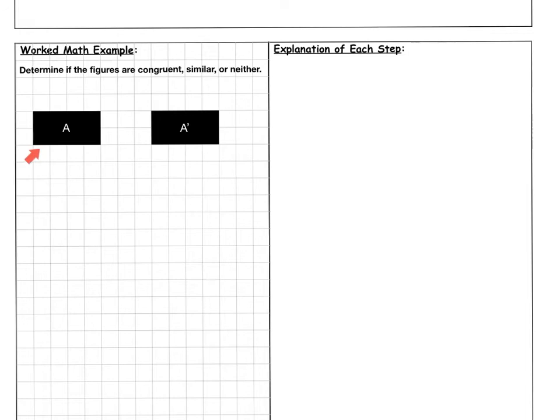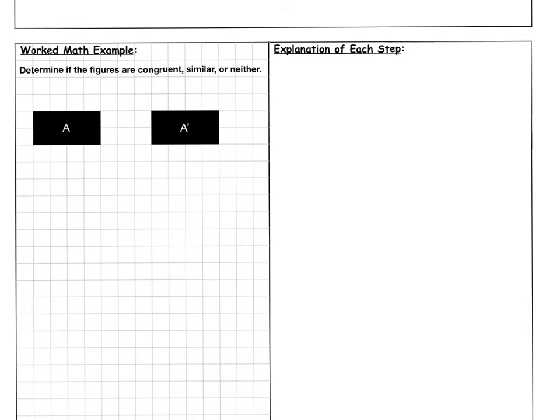As you can see, figure A moved a total of 1, 2, 3, 4, 5, 6, 7 units. Now even though the distance between the two figures is 3 units, we're trying to make this point actually be in this point right here.